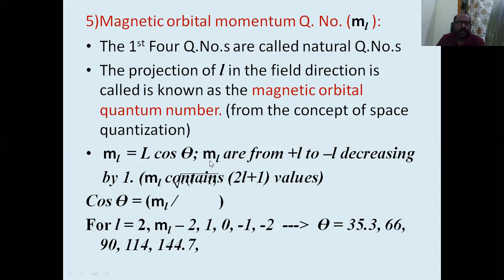Here the ML values are from plus L to minus L, decreasing by 1. If we have the L value, we can find the ML values.